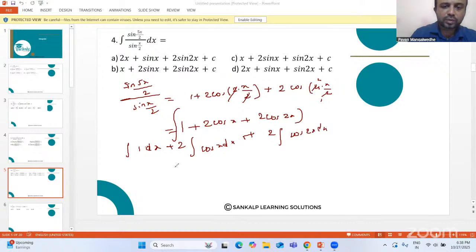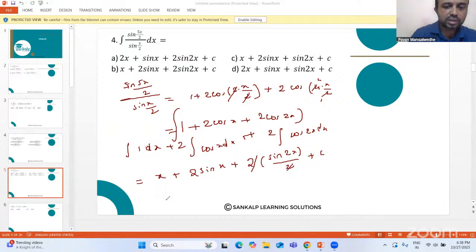When you resolve this, the integration of 1 dx is x, plus 2 into cos x gives sin x, plus 2 into sin 2x by 2, plus c.